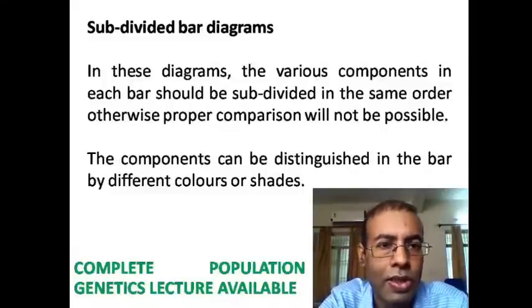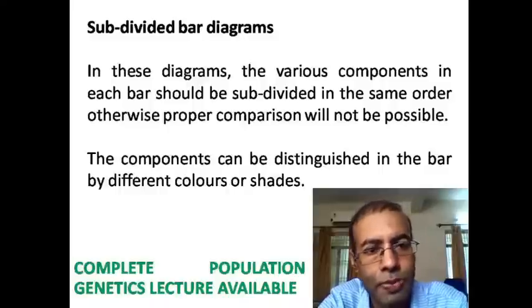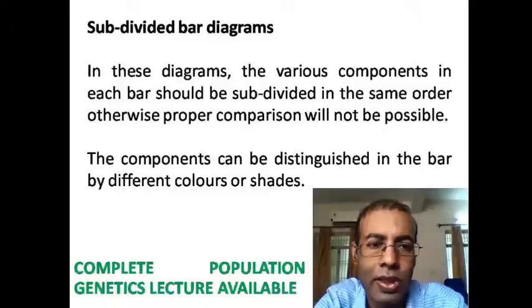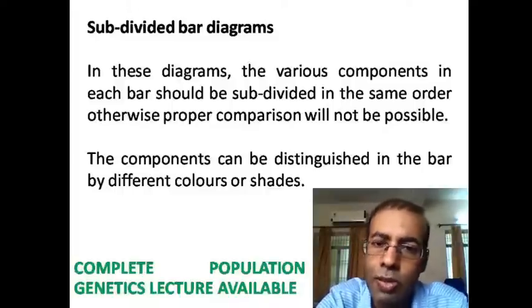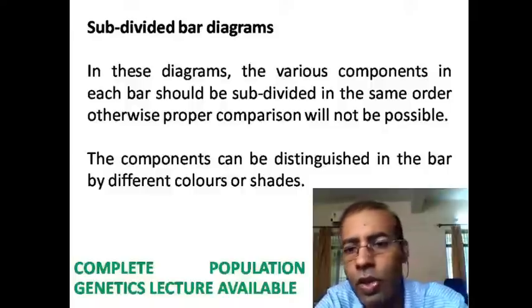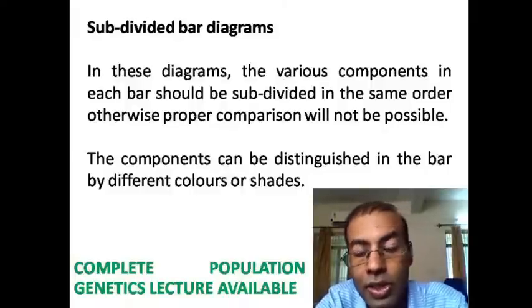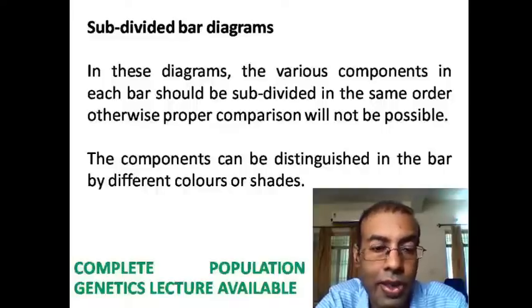Now we will see subdivided bar diagram. In these diagrams the various components in each bar should be subdivided in the same order, otherwise proper comparison will not be possible. This will be more clear when we see the subdivided bar diagram.